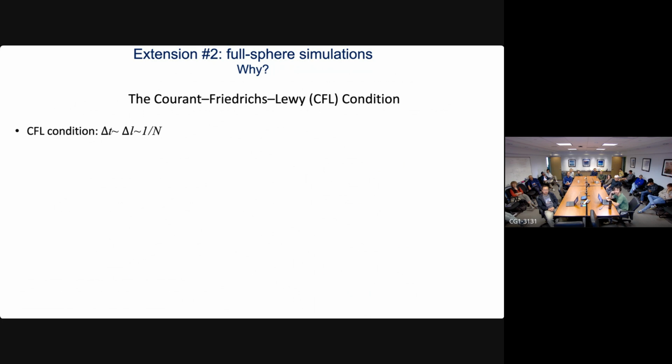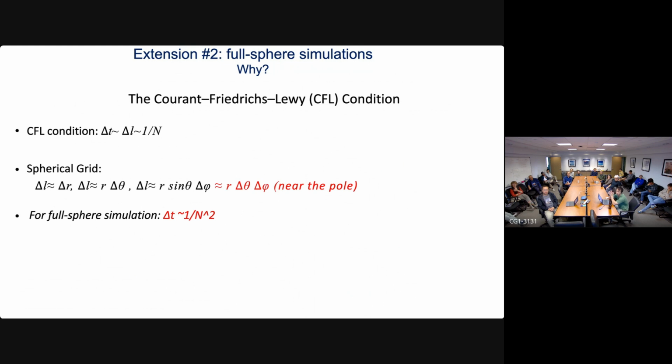But things get more tricky when we use a spherical grid and try to extend to the full sphere. The problem happens in the azimuthal direction. The azimuthal cell length is equal to r times sine theta times delta phi. But when we go to the pole, it effectively becomes r times delta theta times delta phi.